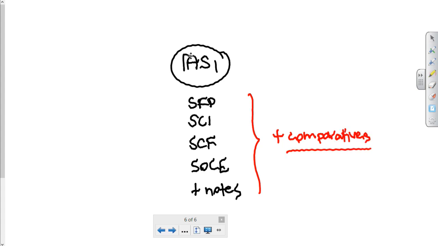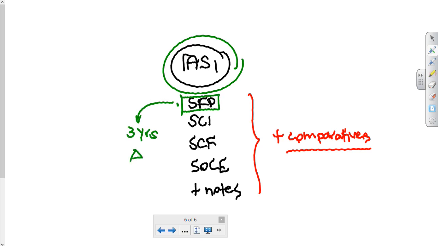Comparatives are the prior year, and there's a little exception dealt with in IAS 1, which we've talked about already: for the statement of financial position, we do 3 years if there's been a change in accounting policy. We dealt with that when we did accounting policies, but the requirement for that 3rd year is here in IAS 1.